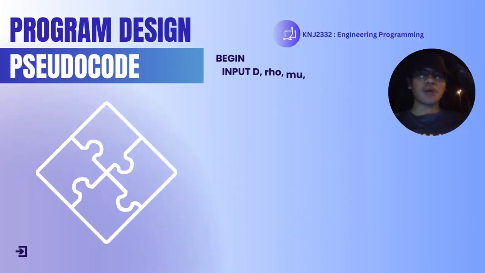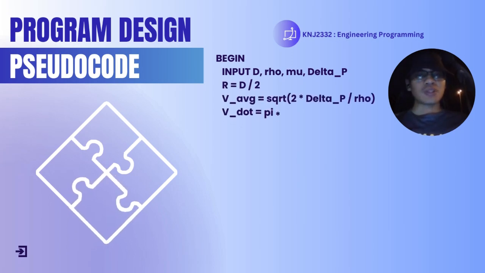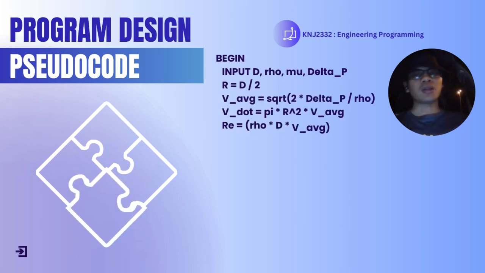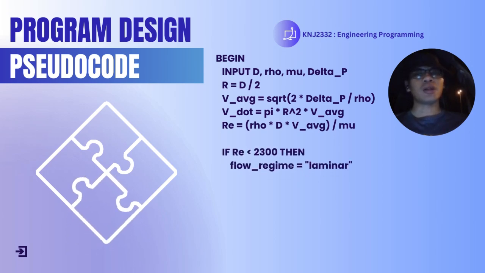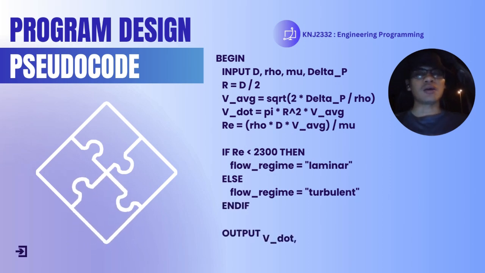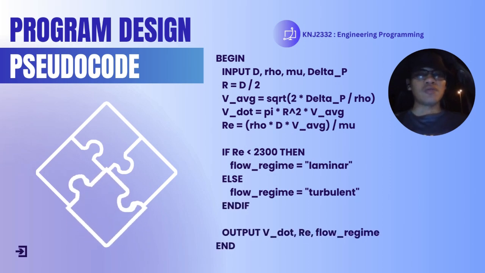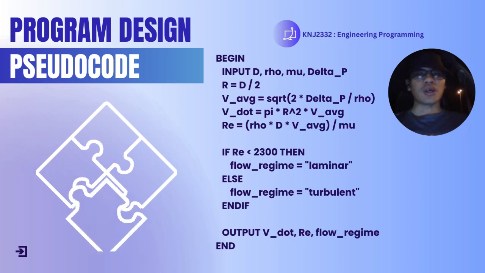Next, I will explain the program design pseudocode. The program starts with begin, then enter the input of D, rho, mu, and delta P. Next, we also state the values of R, V average, V dot, and the Reynolds number.